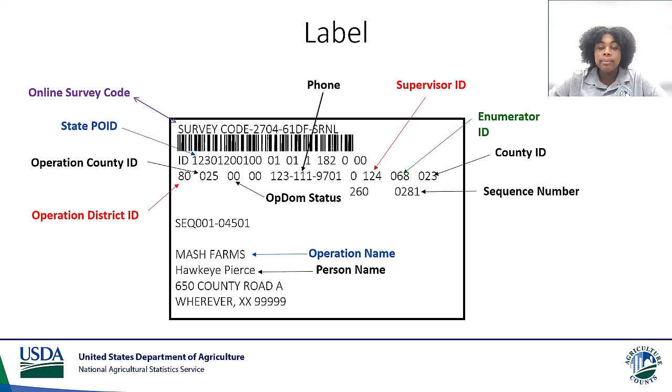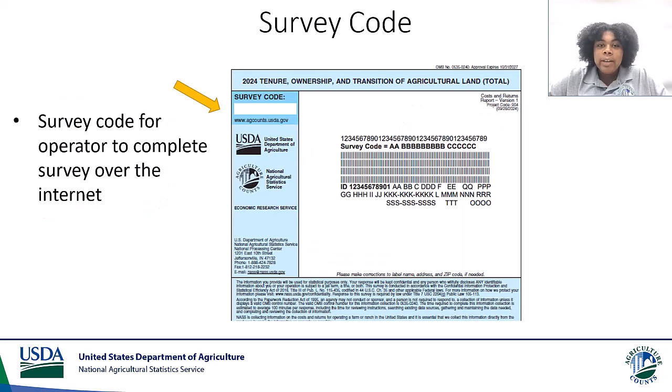Something to note. For the most up-to-date contact information, check your CAPI listings under the little I icon and/or review any comments. The survey code is the code the operator needs to complete the survey online. The operator's copy of the questionnaire has the survey code printed in the upper left of the face page. As an enumerator, you can find the survey code on your printed copy of the questionnaire in 2 locations: the upper left corner of the face page, and as mentioned on the previous slide, in the printed label.